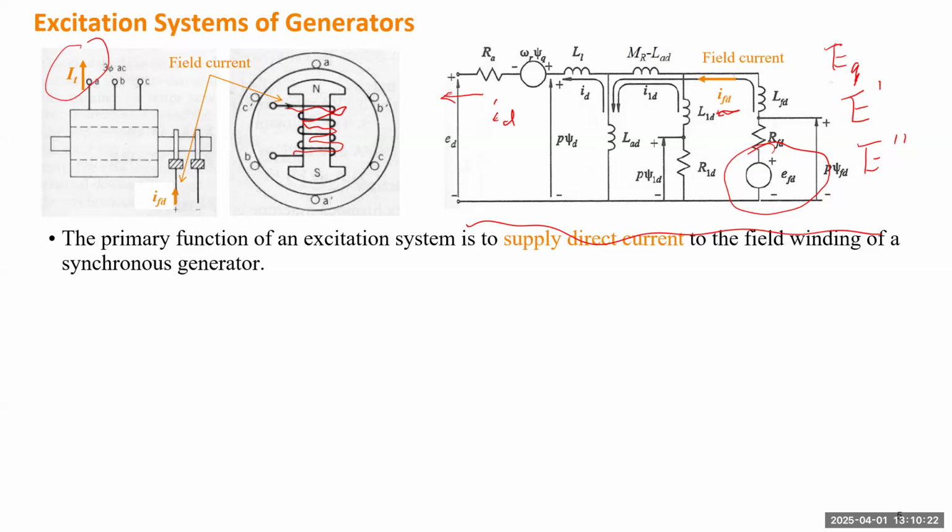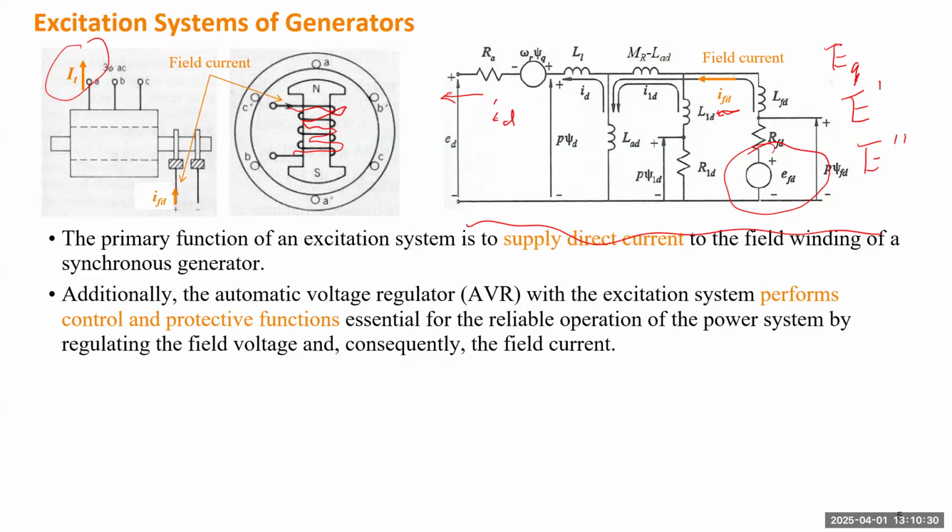The primary function of the excitation system is to provide a direct current to the field winding of the synchronous generator. Additionally, the automatic voltage regulator, or AVR, with the excitation system performs control and protective functions essential for the reliable operation of a power system by regulating the field voltage and consequently the field current.